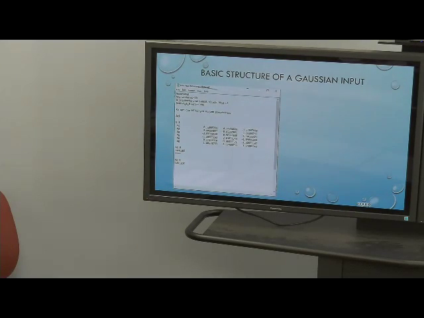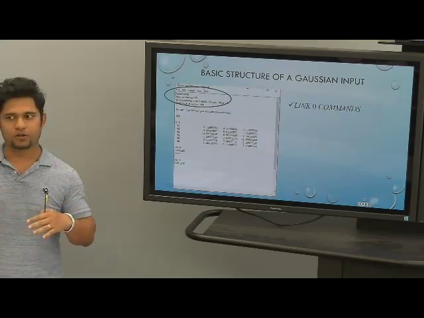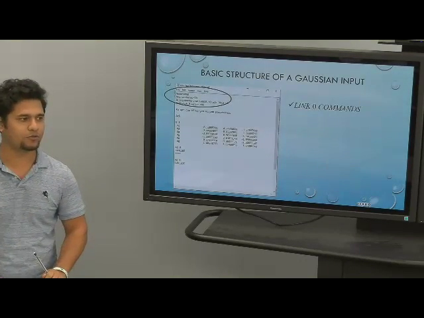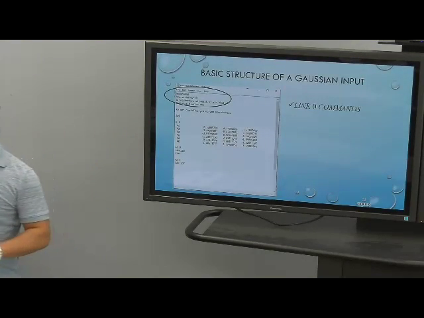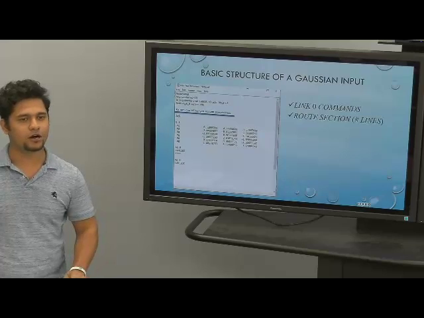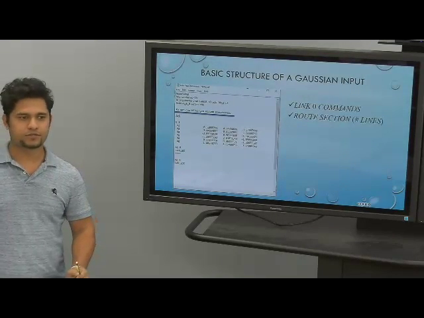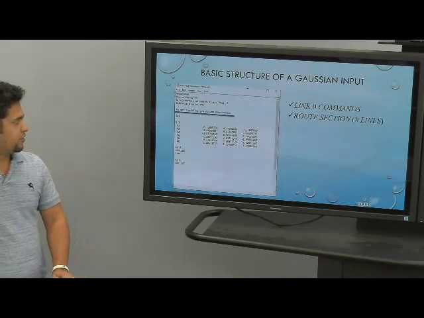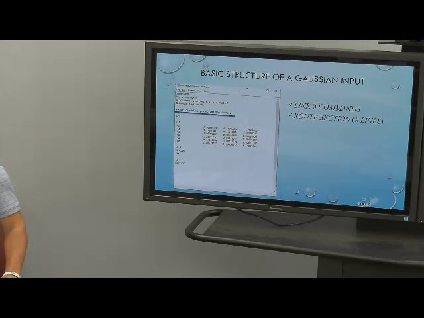There are typically four sections here. The first section is called the Link 0 commands. It includes hardware requirements and other program requirements. The next section is a very important line. This line includes all the conditions, methods, and other requirements for the run. The next section is just identification, just a name.